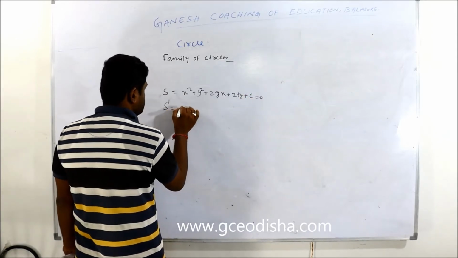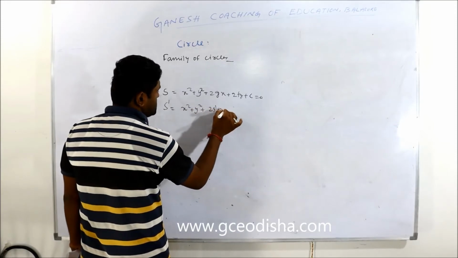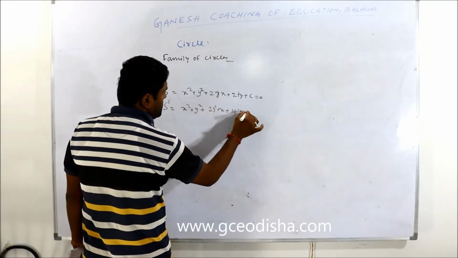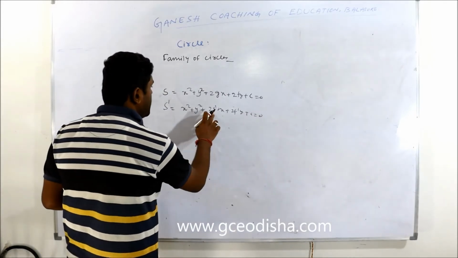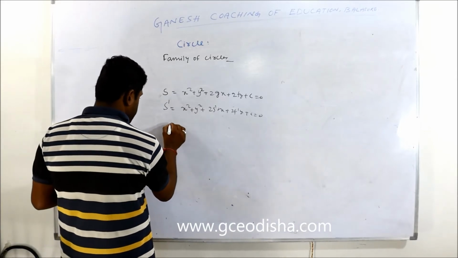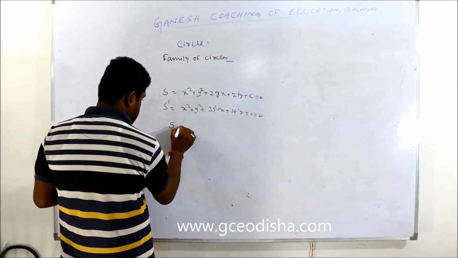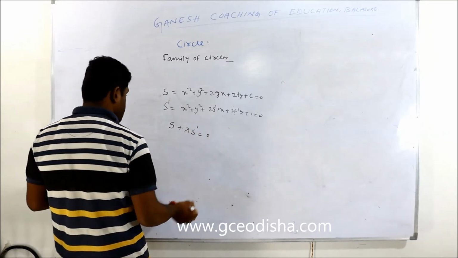Another circle equation is x square plus y square plus 2g dash x plus 2f dash y plus c dash is equal to 0. You can change the g value, this is a magnitude, you can change. Okay. Then the family of circles is generally denoted as S plus lambda S dash is equal to 0.